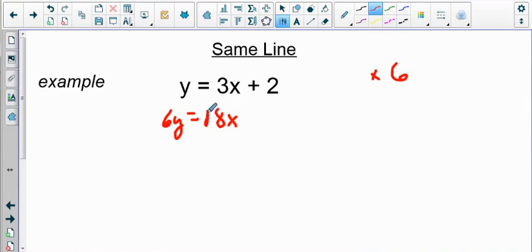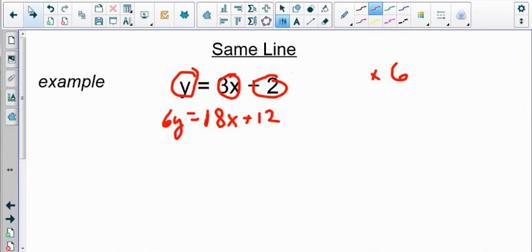And right here, I want to point this out because I saw this a lot back when we were doing systems of equations. People would say that 6y equals 18x plus 2 is the same line. It's not. You have to multiply all three terms, all of them, by whatever numbers you're multiplying. So positive 2 times 6 is 12.